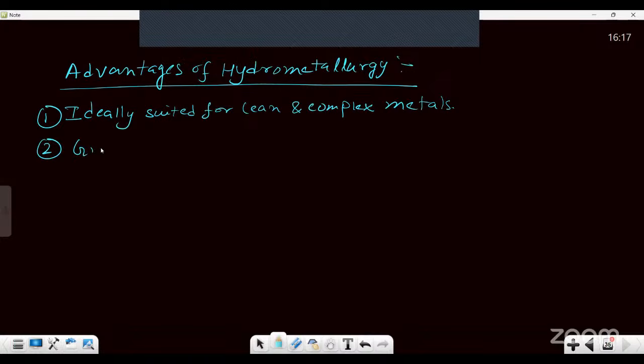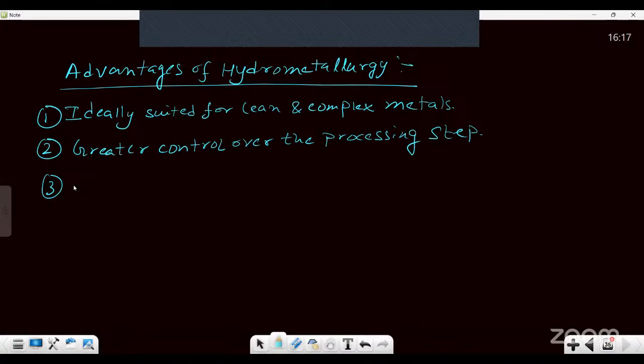Number two, it gives greater control at every processing step. So we have greater control over the processing step. Then it avoids environmental problems like high temperature and use of fossil fuels. In roasting, SO2 gas is produced, which is very bad because it causes a lot of environmental issues.